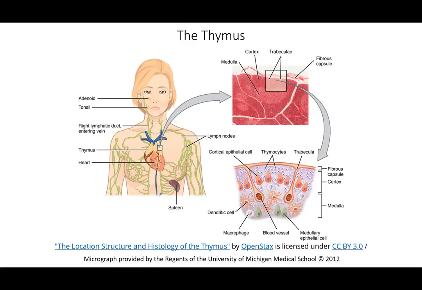So the thymus is going to get held right there up by the heart, and it is going to have a lot of blood vessels and nerves located in it. And it's going to have some different parts to it. And it's actually going to have something called the blood-thymus barrier, which is going to prevent the cells of the actual thymus from being exposed to antigens circulating through the bloodstream as they mature, because that could cause a lot of issues.